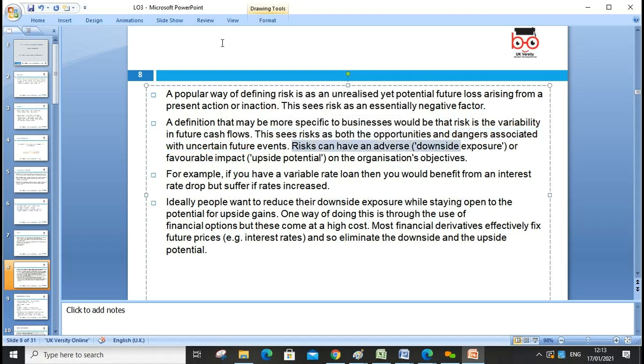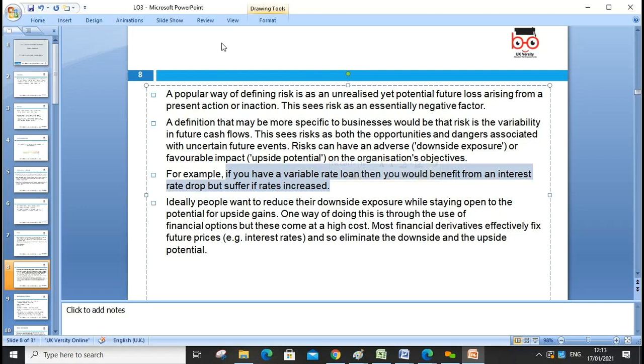Risk can have an adverse or favorable impact, with upside potential, on the organization's objectives. For example, if you have a variable rate of interest, you would benefit from an interest rate drop, but you would suffer if the interest rate increases.